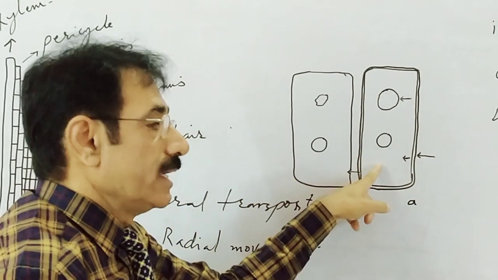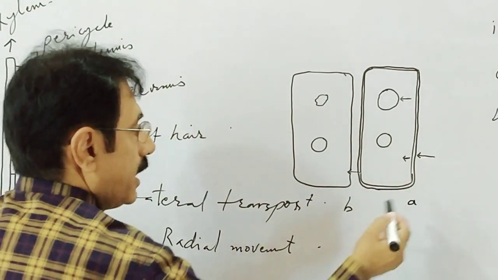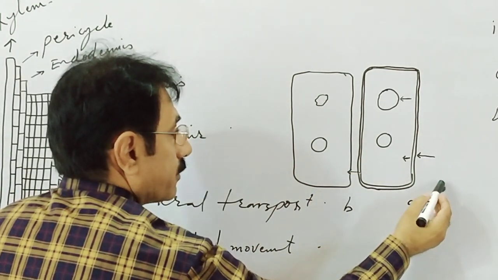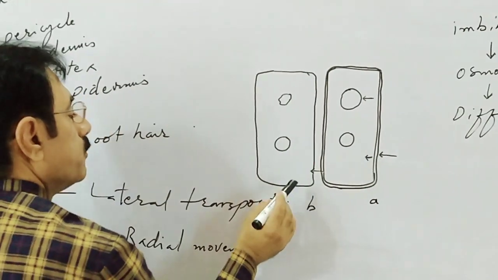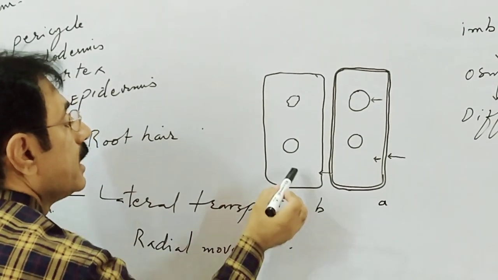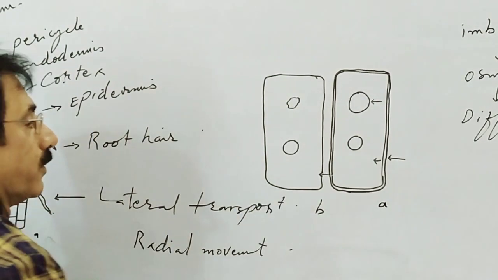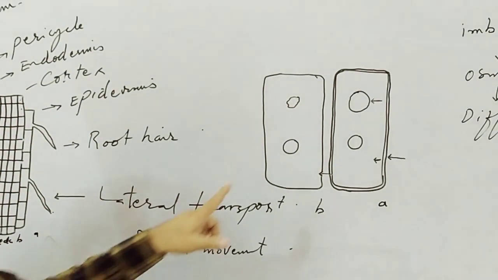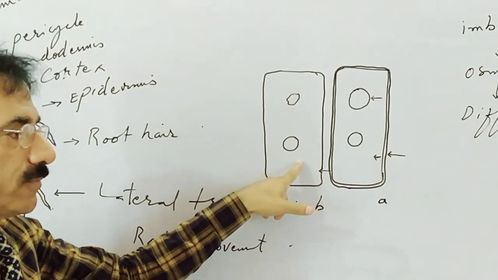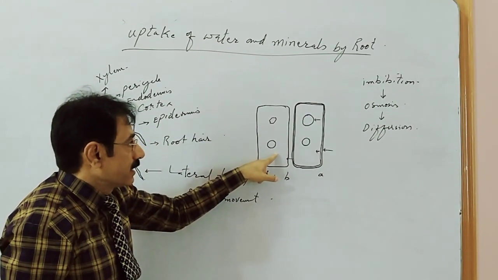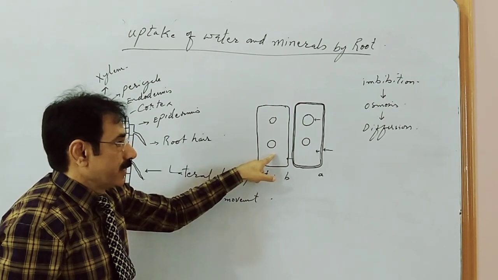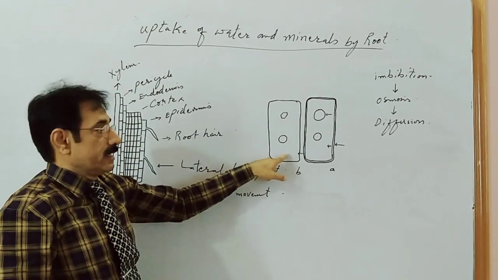As a result, in turn, cell A will take water from the soil. When the water moves to cell B, it means the osmotic pressure of cell B is reduced. The water potential of cell B increases, and the turgor pressure and hydrostatic pressure of cell B are increased.